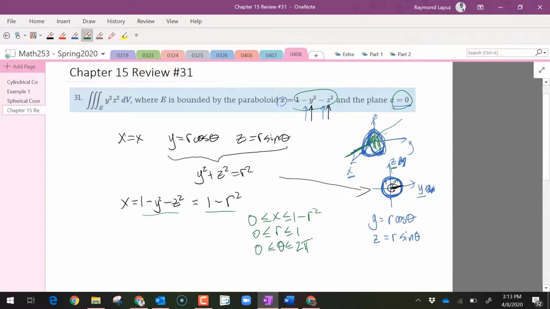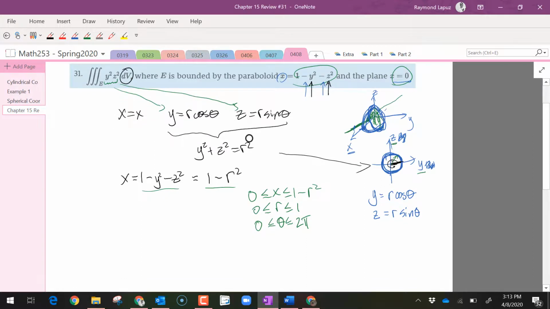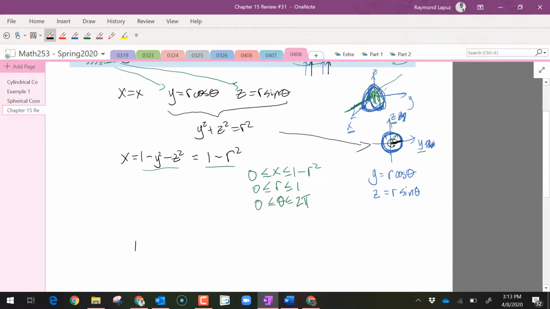So our integral is almost set. The only thing we need to worry about is our integrand, and we know that that's just going to be each of these things squared. So let's write down our integral. Oh, one more thing, the dV will have an extra r. So our integral will then be a triple integral.